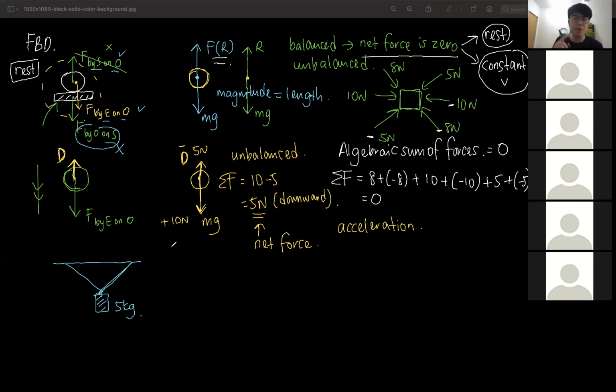Now, first, you need to know what all the types of forces out there are. First you have applied force. Applied means the push and pull. It can be applied by a person or another object. That's what we call applied force. And then we have gravitational force. We have frictional force.